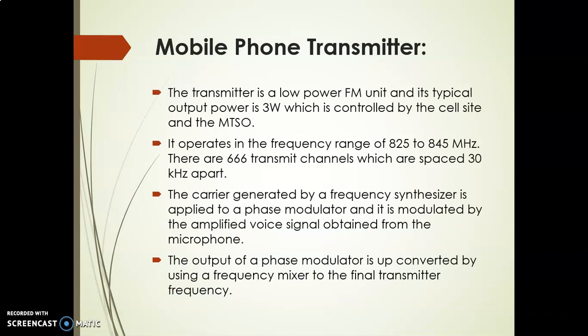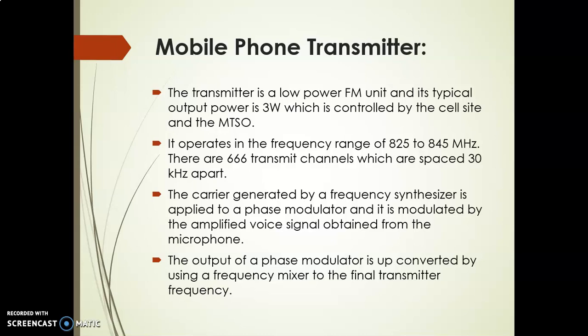The transmitter is a low power FM unit and its typical output power is 3 watt, which is controlled by the cell site and the MTSO. It operates in the frequency range of 825 to 845 MHz. There are 666 transmit channels which are spaced 30 kHz apart from each other.